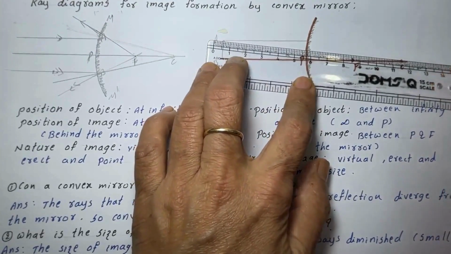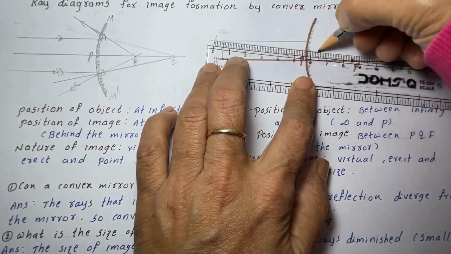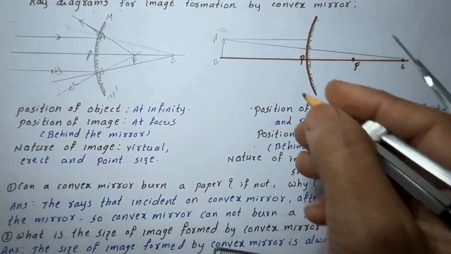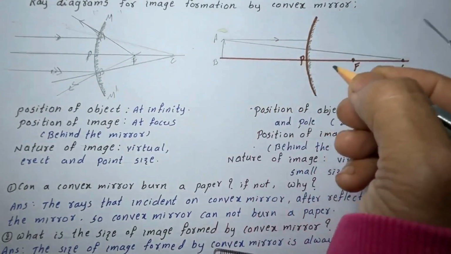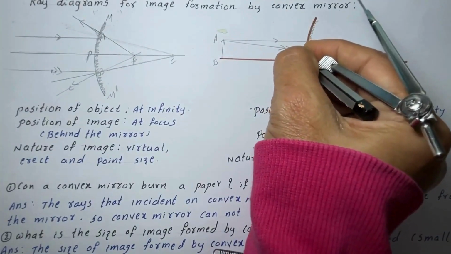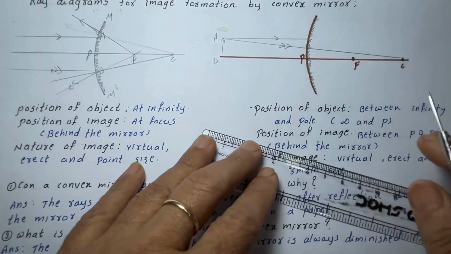We have to draw the two lines from the same point but in different directions. So the first ray is parallel to the principal axis, and the second ray is directed towards the center of curvature.